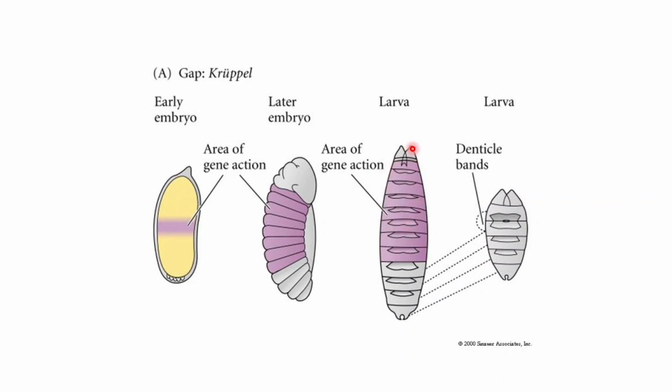In this case, on the denticle preparation, we can see the lower three denticles fused with the topmost denticle, but there is no sign of these segments which were actually the domain of expression of the gap gene.